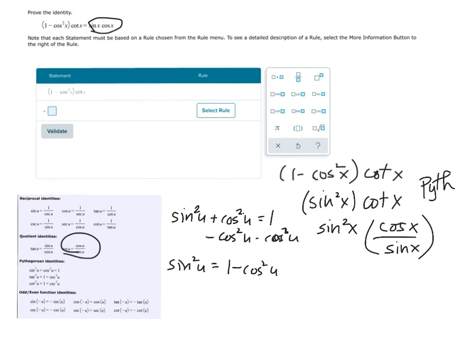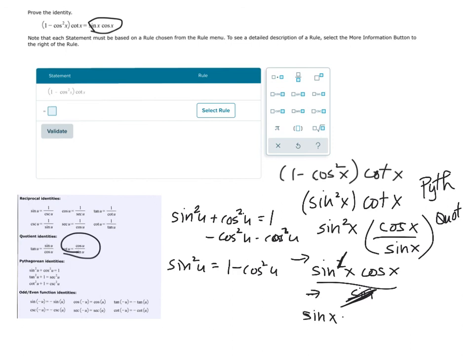And this was the quotient rule. So now we have sine squared x cosine x over sine x. And we have two sines on the top and one sine on the bottom. So we basically subtract these exponents the same way we do in regular algebra. And this cancels out.